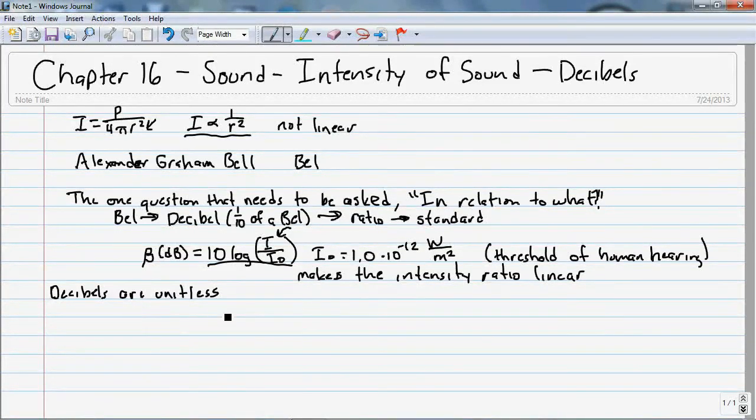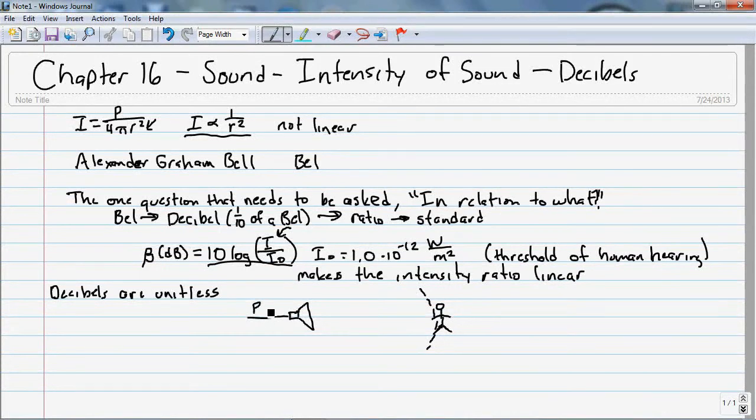Now, another interesting thing that we can do is, let's say I'm standing from a speaker over here, and I have some power signal going into the speaker, and if I don't move, then I'm going to have some intensity because of that power and the surface area.